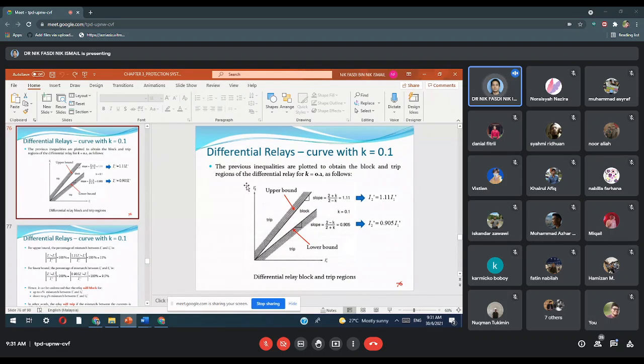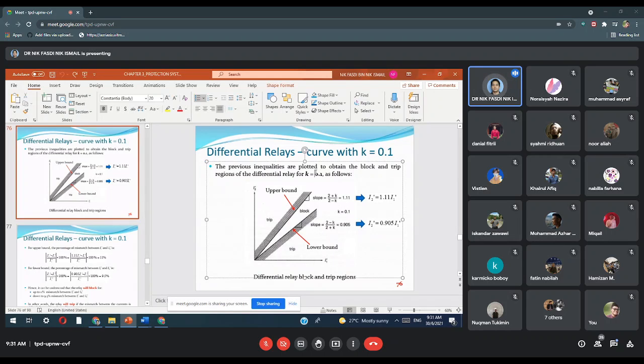Okay, but now you need to understand this diagram, the relationship between I1 prime and I2 prime. Because we don't know the mismatch, the equation is like this: upper bound is (2 plus k) divided by (2 minus k), and lower bound is (2 minus k) divided by (2 plus k).